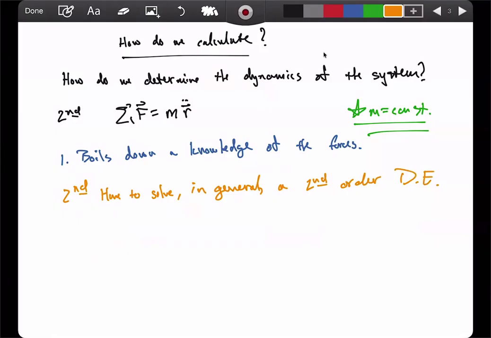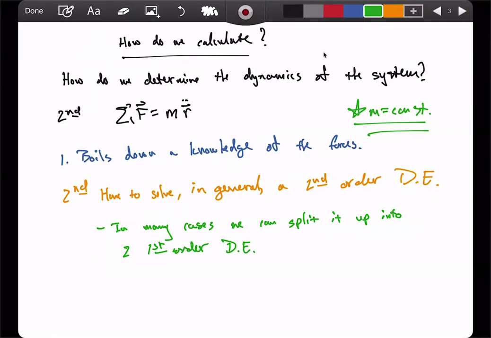Okay. Now, a lot of times we'll be able to split this up into two first order differential equations. So I'm going to write that under here. So in many cases, we can split it up into two first order differential equations.